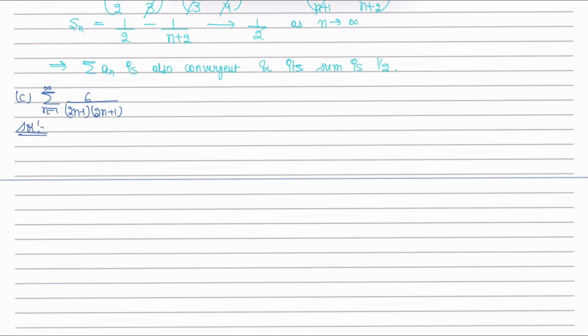This question is similar to the B part, where we are given summation an, n running from 1 to infinity, is equal to summation n running from 1 to infinity of 6 upon 2n minus 1 into 2n plus 1. So let us simplify this term.